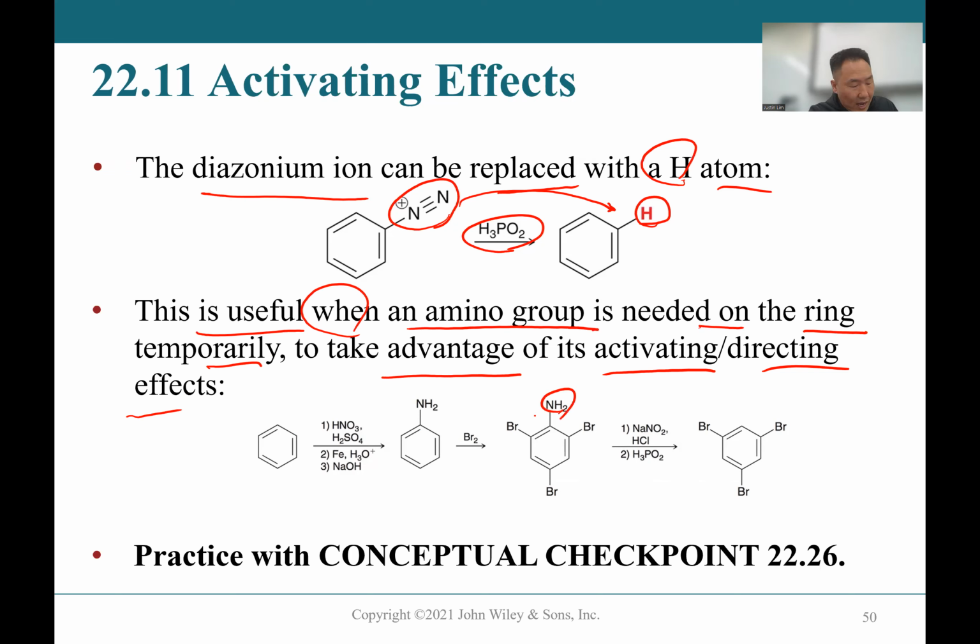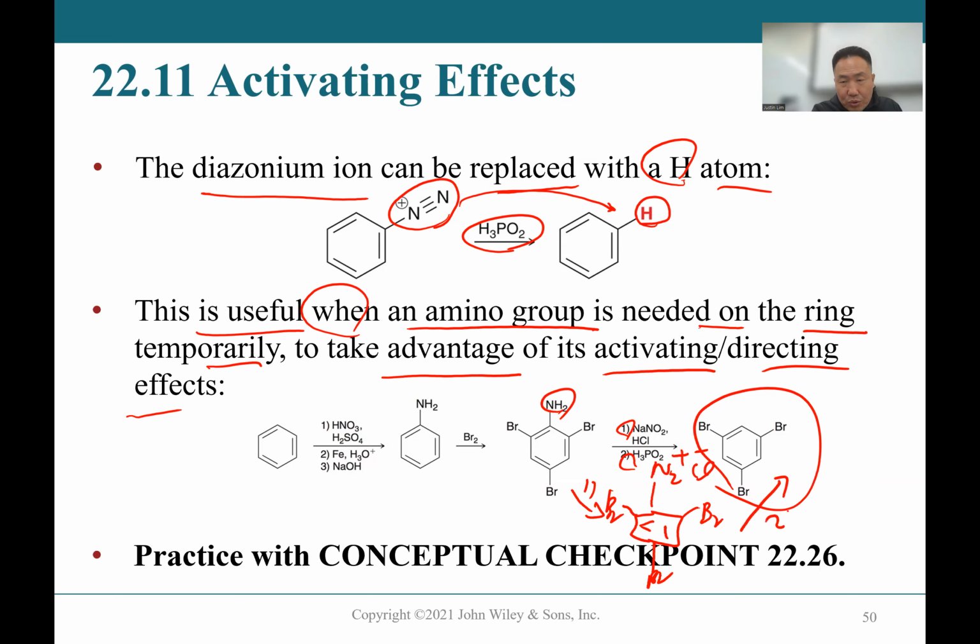So when you see the amine here, there are 2 steps to generate the product. Step 1, you generate the aryl diazonium salt, N2+ Cl-. And step 2, you remove this part.